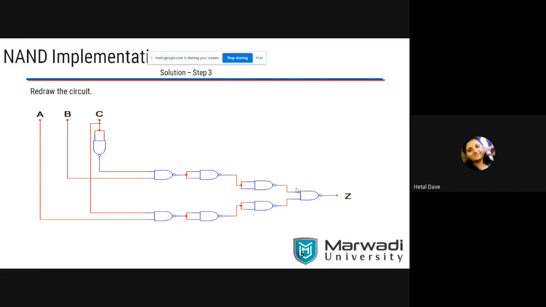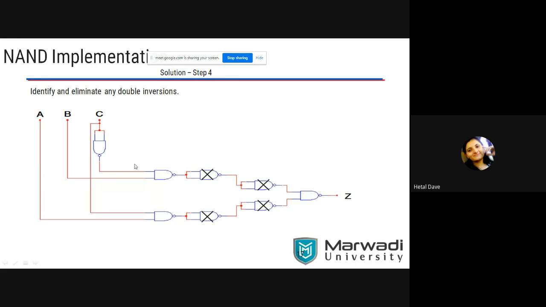Now what is the next step? Inverters which are coming in one line, these two inverters will be cancelled. So here this is an inverter and this is also an inverter. They are coming in the same line. Back-to-back inverters will be cancelled. Vishnu, is it clear? Yes.